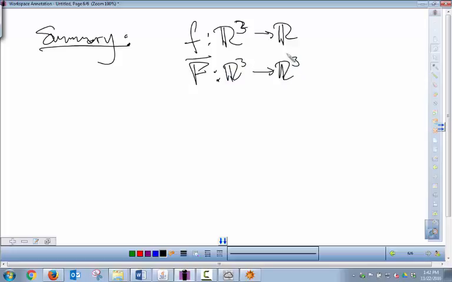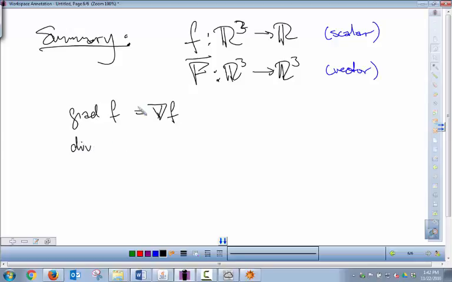So we're basically acting on either a scalar or a vector. And then we could take the gradient of that. Actually, we can't take the gradient of a vector, but we could take the gradient of f. We could take the div.